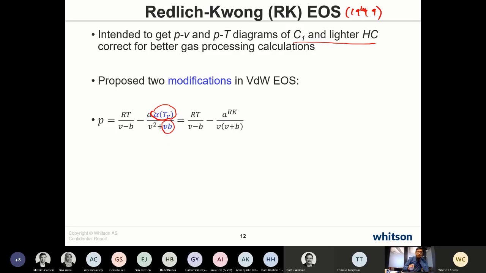The two modifications have two reasons. And this whole term here, a times this alpha, the correction term, is now written as a of RK.